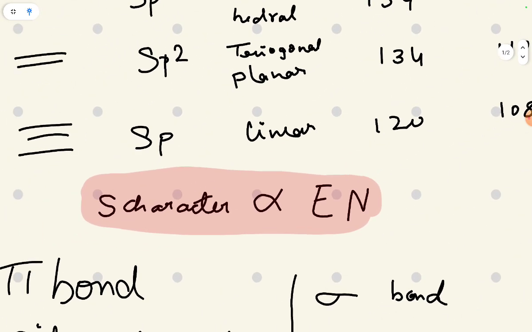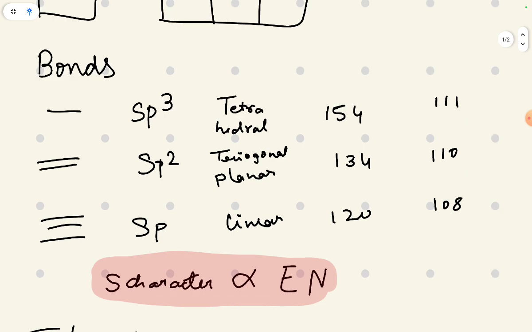This gives us one more relation, between S character percentage and electronegativity. As there is more S character percentage, the atom will be more electronegative.